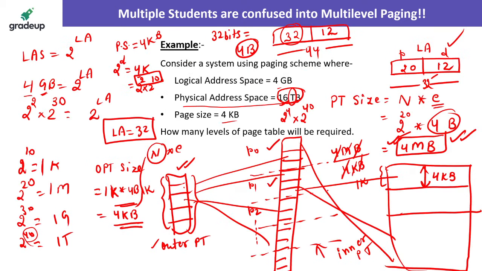How can you see it here? See, basically we have 1K and 1K is equal to 2 power 10. So 10 will be used for this one, right? Okay. And here you have seen the number of entries in it. So again we are having 1K entries, so 1K will also be 2 power 10.